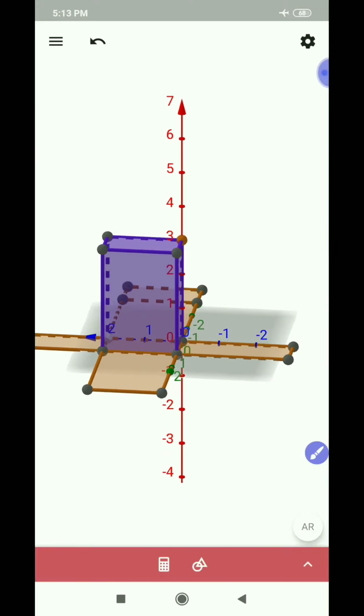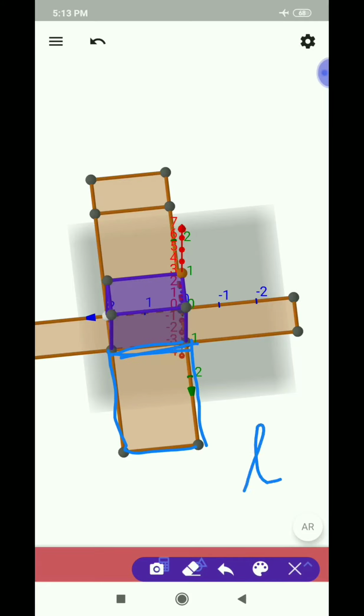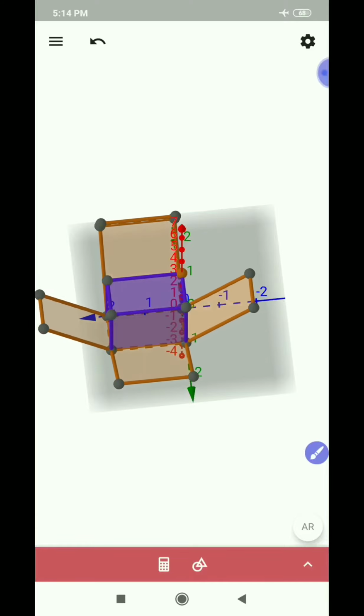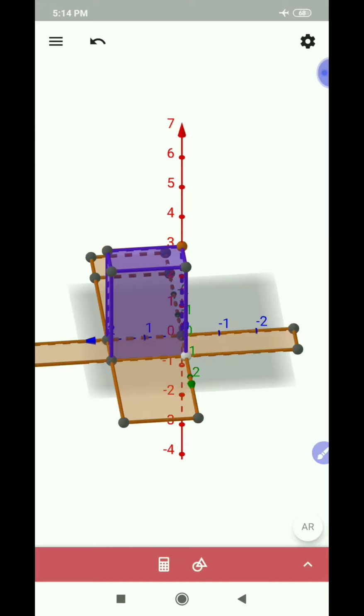Now, look here. Can you tell its area? It is a rectangle, and its length is L and its other side, do you know what it is? Once again, observe. Yes, it is height.